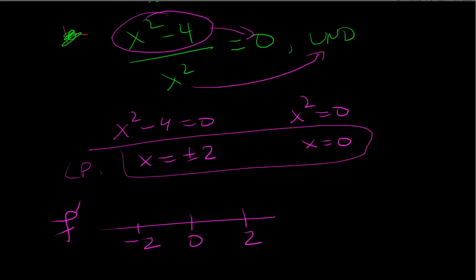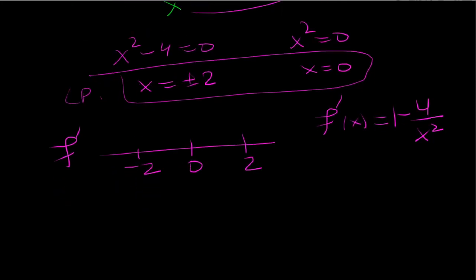We know that the derivative is 1 minus 4 over x squared. In the long run, 4 over x squared is 0, so the limit here is positive 1. Therefore, that's going to be positive. If we test in between these regions, we get that they're both negative.